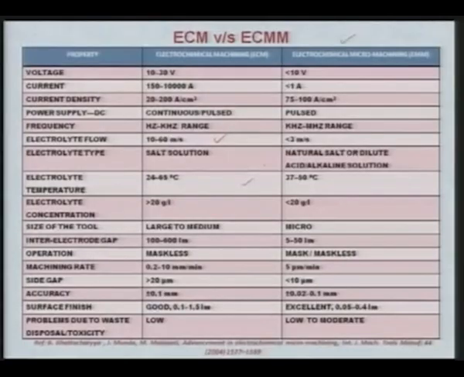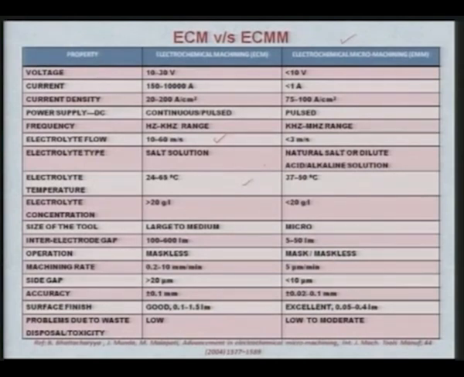Electrolyte concentration is normally kept less than 20 percent in case of micro machining. Size of the tool is large to medium in macro machining, while in micro machining it is definitely a micro size tool, and inter electrode gap is very small in micro machining, 5 to 50 micrometer.